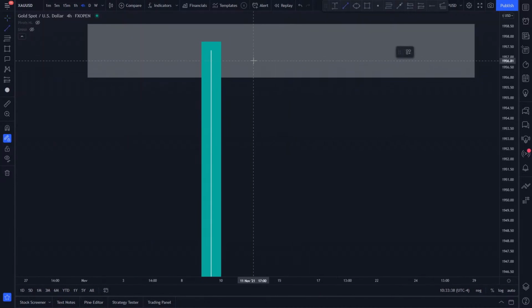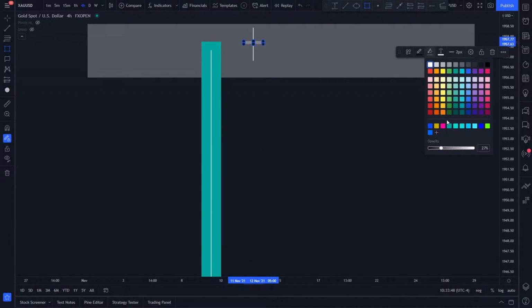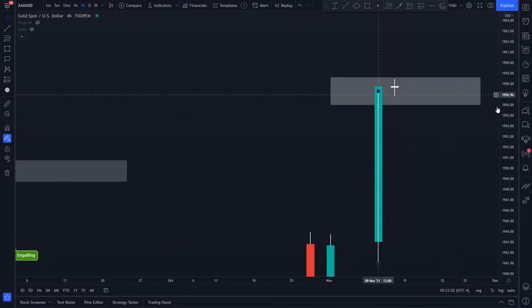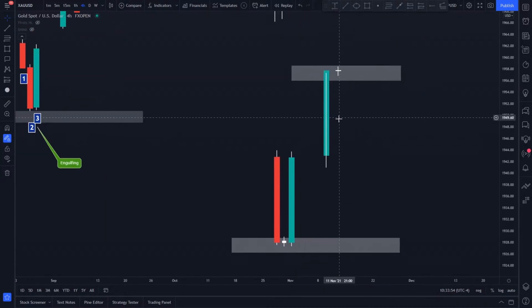Okay. So we have that there. Let's draw it up in the zone. Small little range there. Boom. All right. Oh, what's going on with that candle?